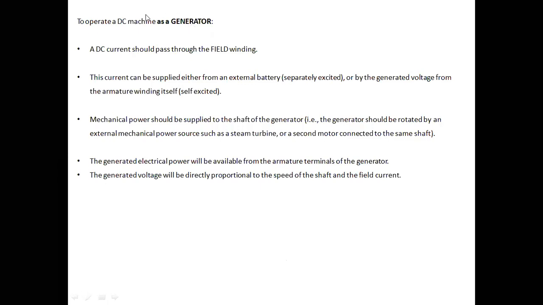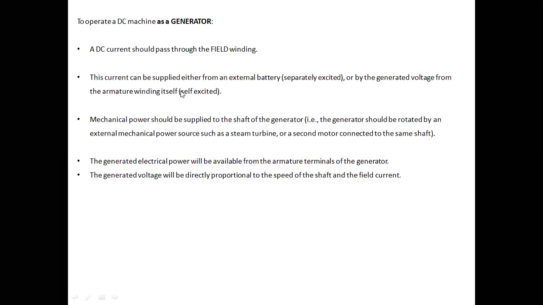If we are supposed to work the DC machine as a generator, DC current will pass through the field winding. But when the DC machine is working as a DC motor, DC current will pass through the commutator. Here that current will pass through the field winding. This current can be supplied either from an external battery, or we can give that current directly from the armature winding.